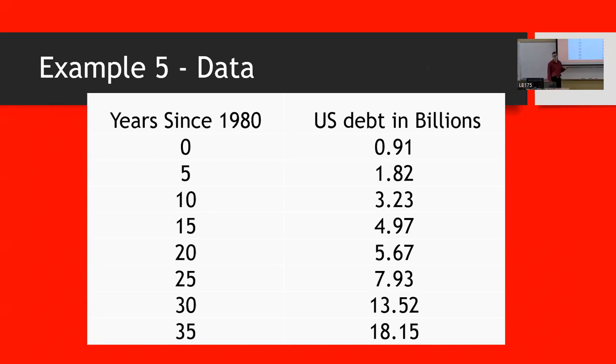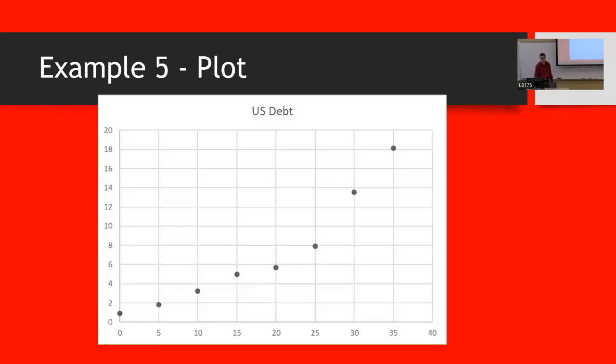Here is the United States debt in billions of dollars, and this is since the year 1980. So 0 stands for the year 1980, 5 would stand for 1985, 10 would stand for 1990, and so on and so forth. If we created a scatter plot out of these data, we would get this look.